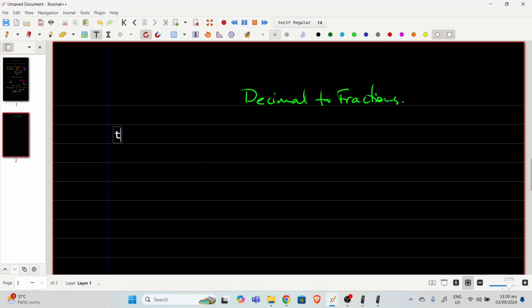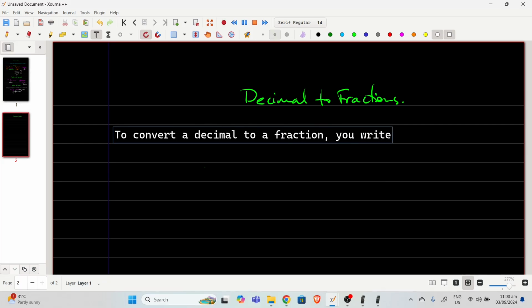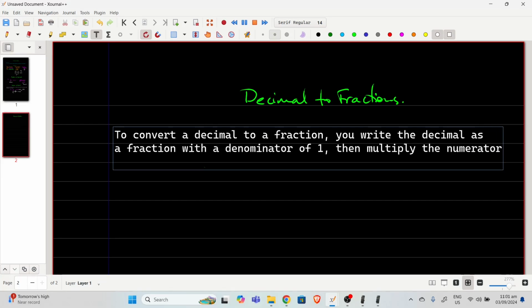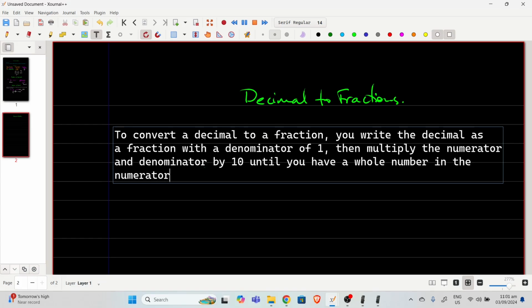So to convert a decimal to a fraction, you write the decimal as a fraction with a denominator of 1, then multiply the numerator and denominator by 10 until you have a whole number in the numerator.